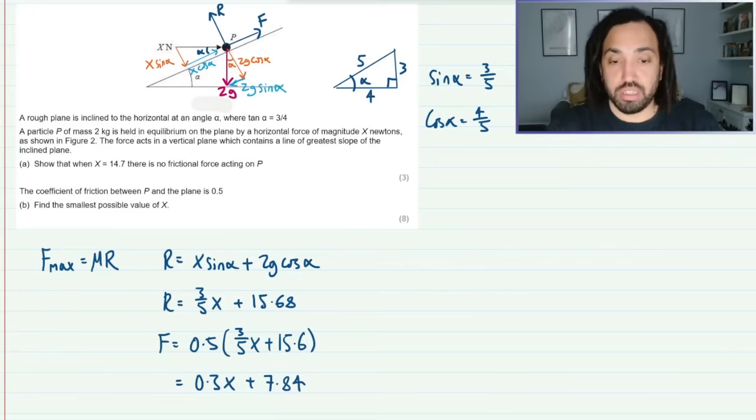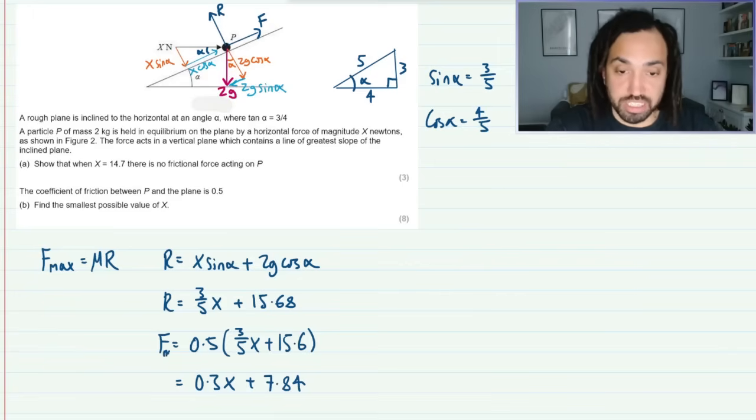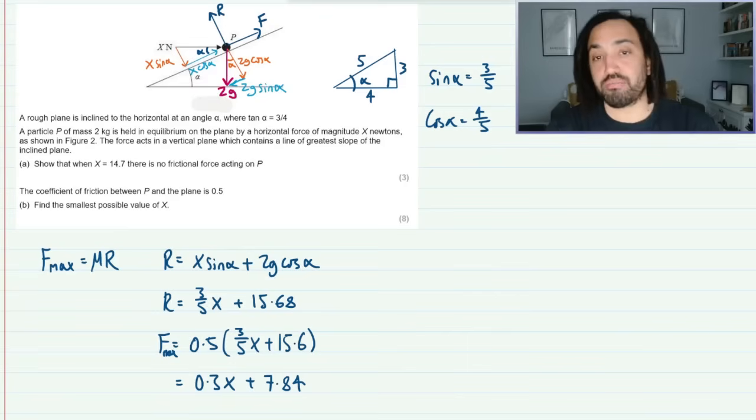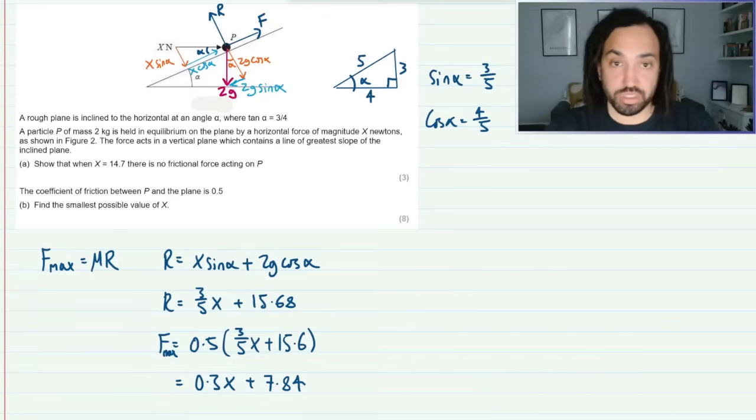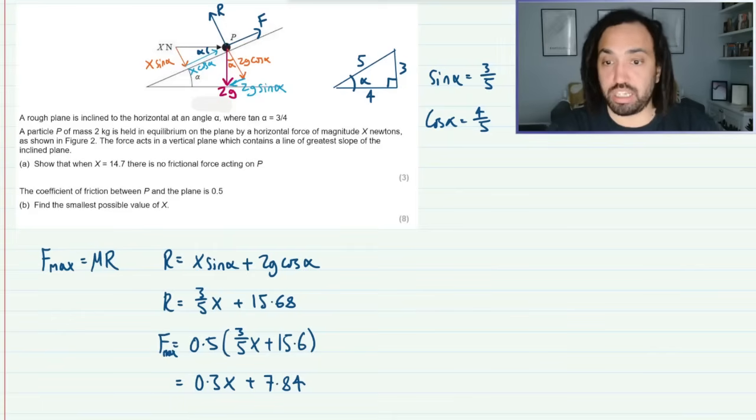Now, this is friction at its maximum capacity. So we're going to need it to work at its maximum capacity in order to reduce X to as small as it could possibly be, whilst keeping the forces still balanced. Okay, so the point of the matter is that the forces are still balanced.